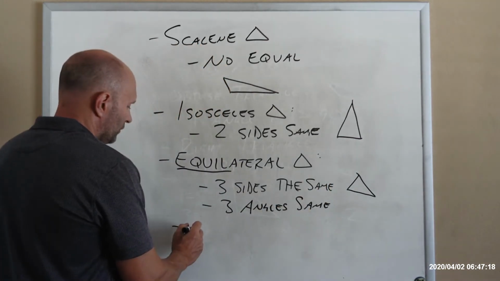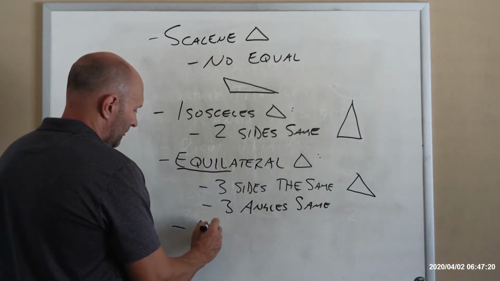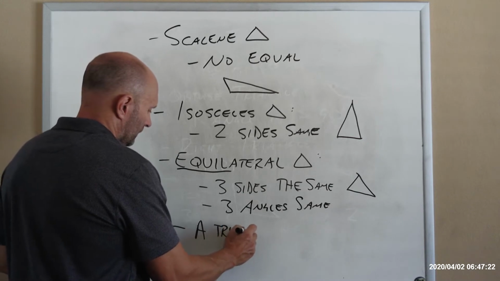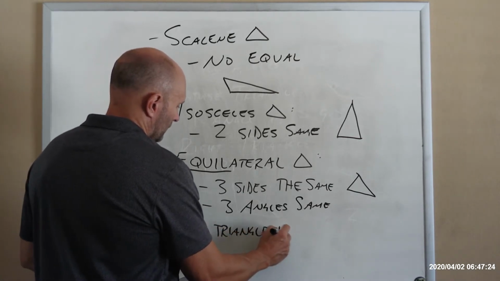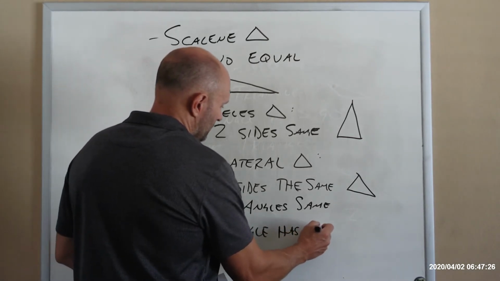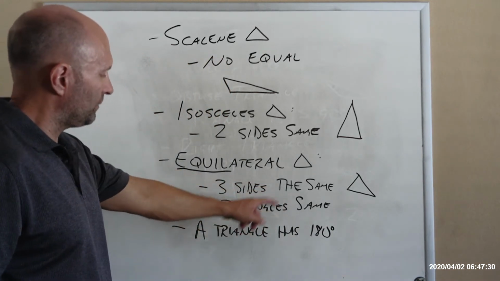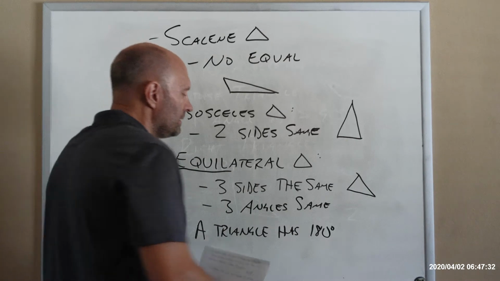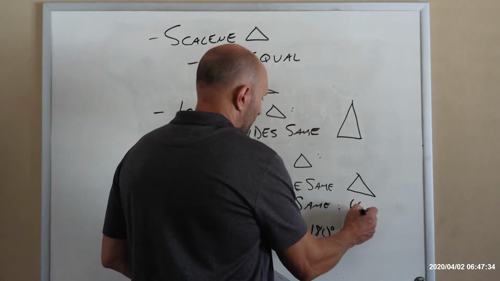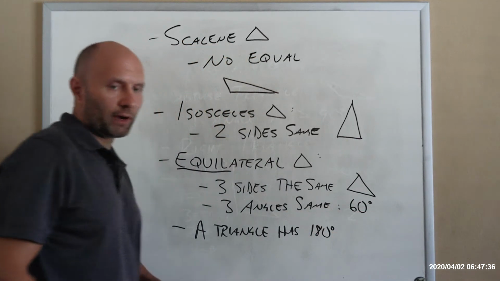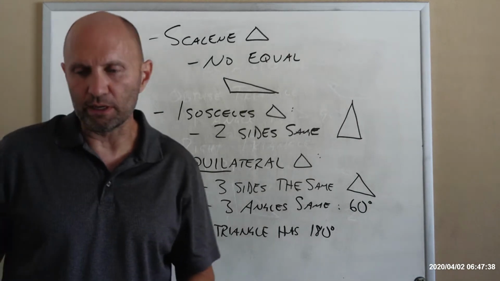And as I mentioned earlier, a triangle has 180 degrees. So if all three angles are the same and it has to total up to 180, then it means what? All three angles of an equilateral triangle would be 60 degrees.